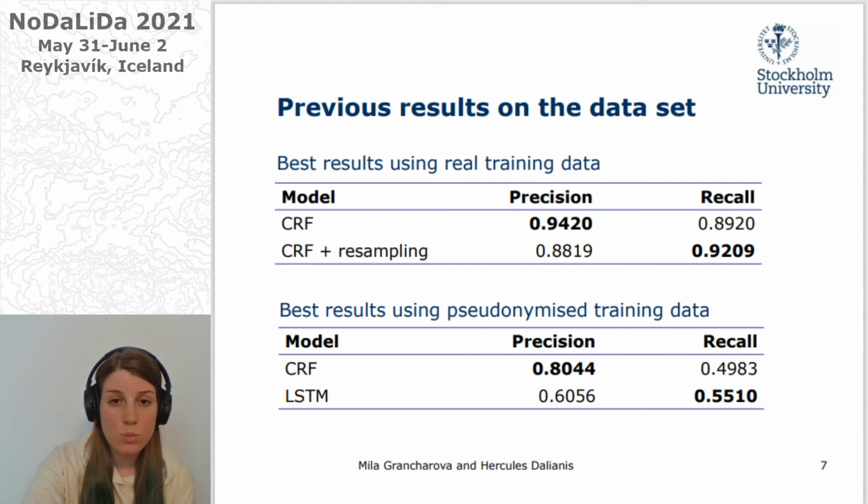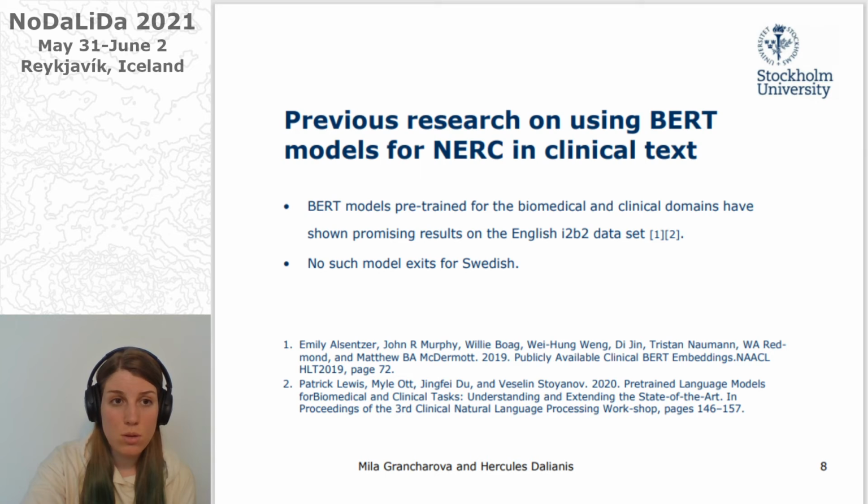And we've been looking into BERT models. There are some BERT models which are pre-trained specifically for the biomedical and clinical text domains, and these have been shown to perform pretty well on this task, but for English electronic patient records. So far there's no such model for Swedish.